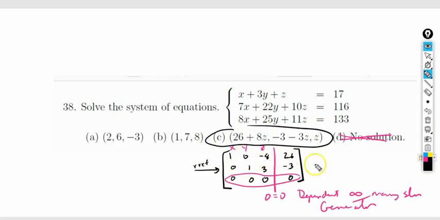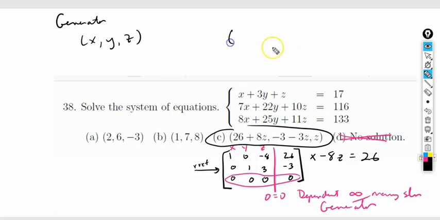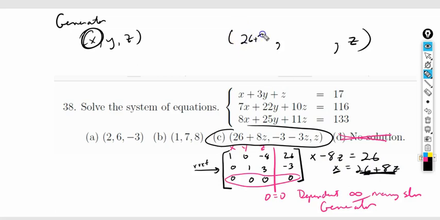Well, the first row gives me the equation x plus 0 times y minus 8 times z is equal to 26. So the generator, instead of x, y, z, you have to write it in terms of z. So you keep the z. And so instead of x, well, take that and add 8z to both sides. So instead of x, you write 26 plus 8z there.